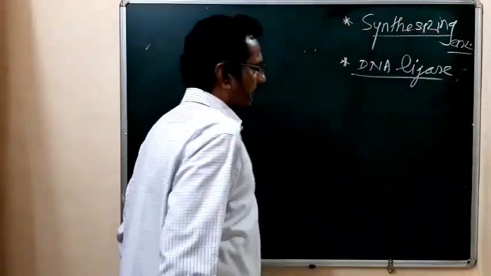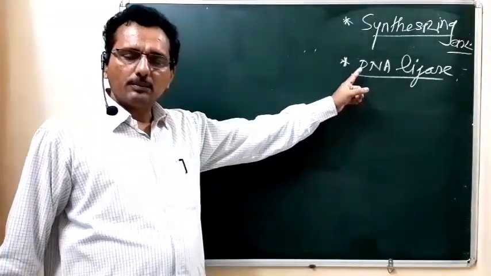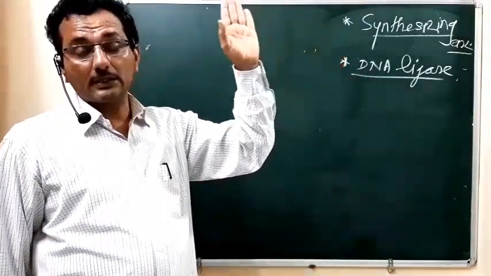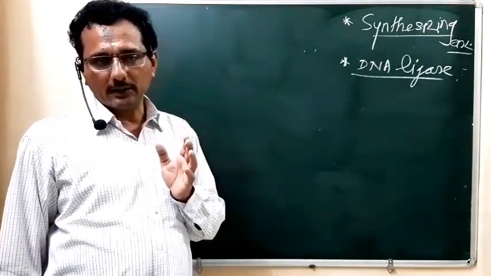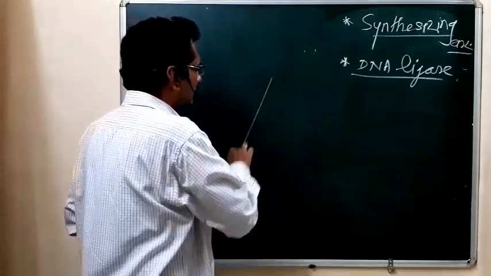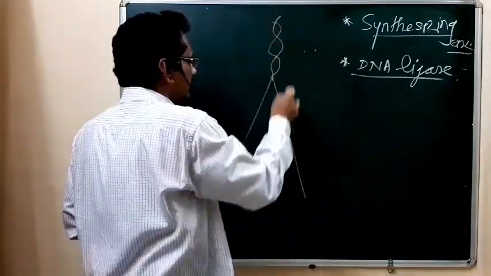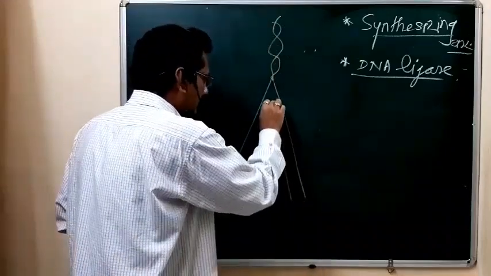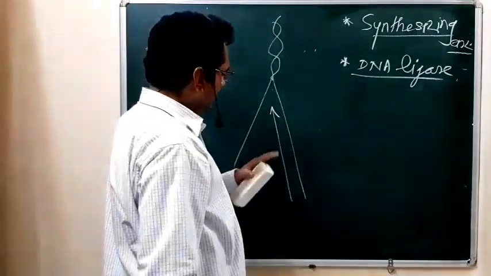You are already aware of this DNA ligase enzyme, because we studied it at the time of DNA replication. On one strand of DNA, the new strand is continuously synthesized toward the direction of the replication fork. It is called the leading strand.